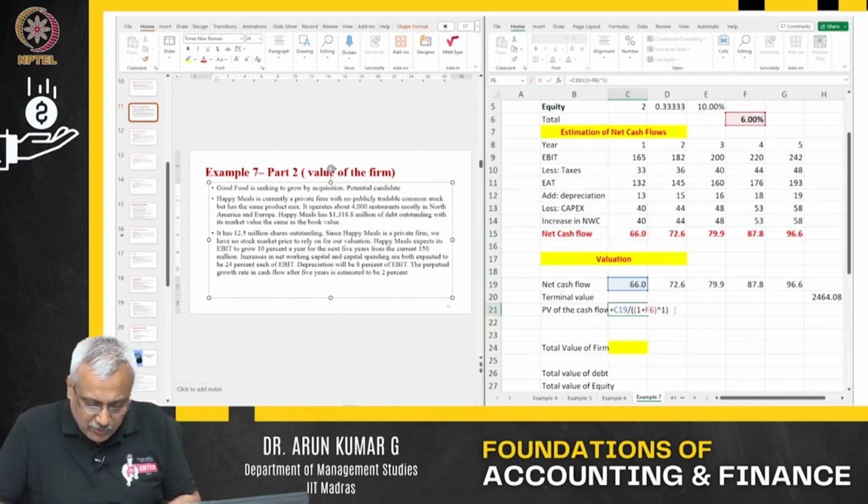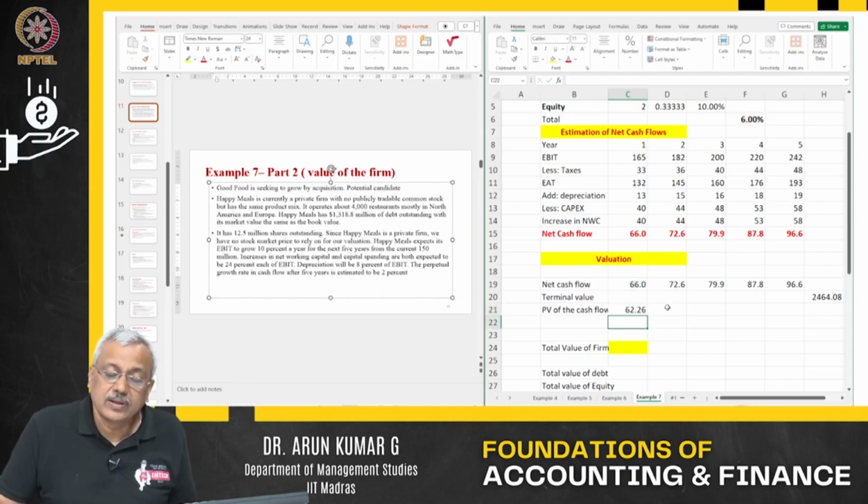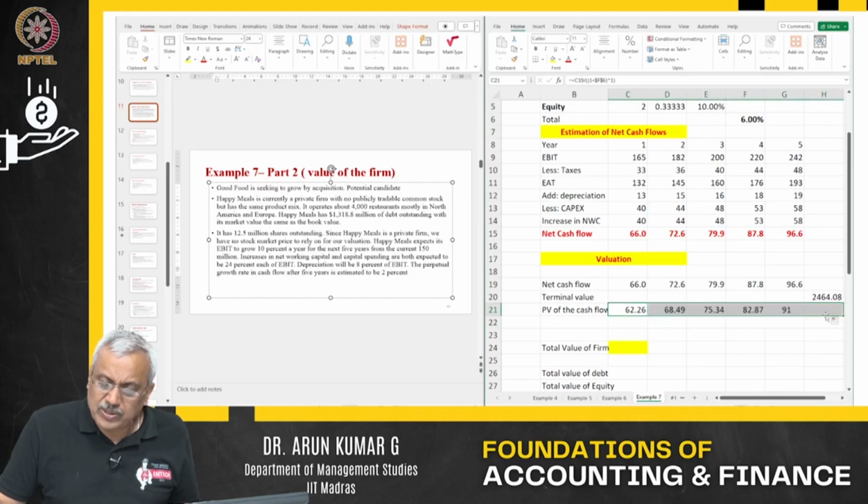I am just going to use a dollar symbol here so that I can just pull it out. I am just going to use the present value of all these cash flows.